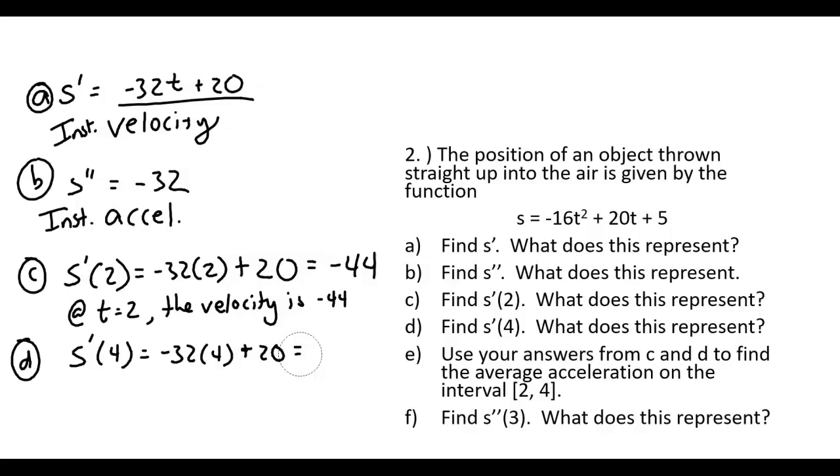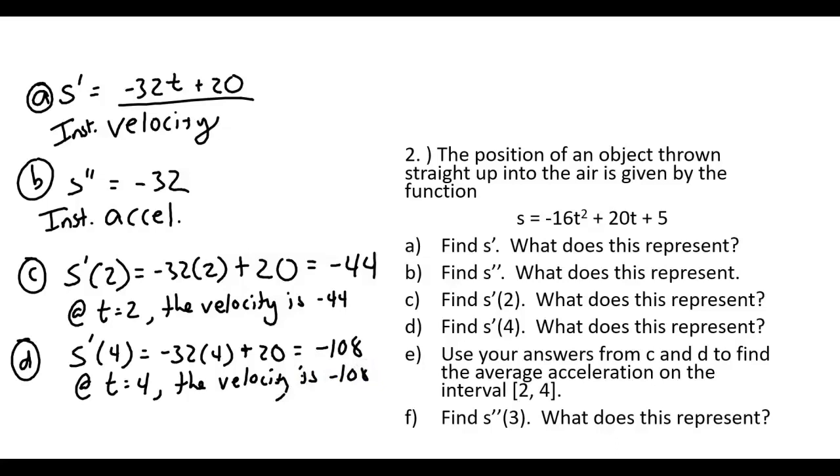Negative 128 plus 20 is going to be negative 108. And once again, that tells us that at t equals 4, the velocity is negative 108.